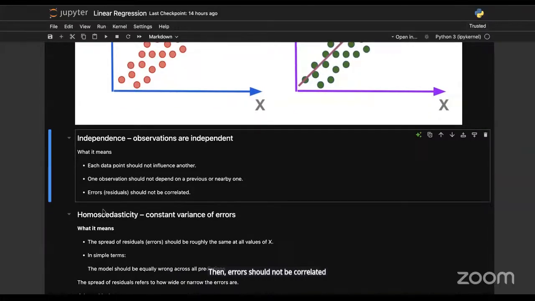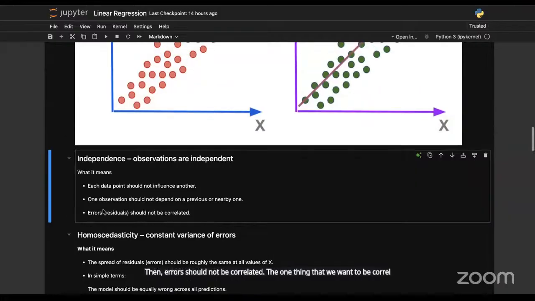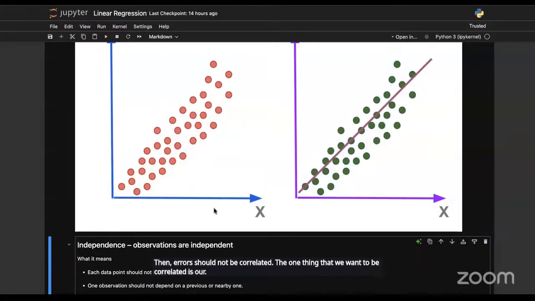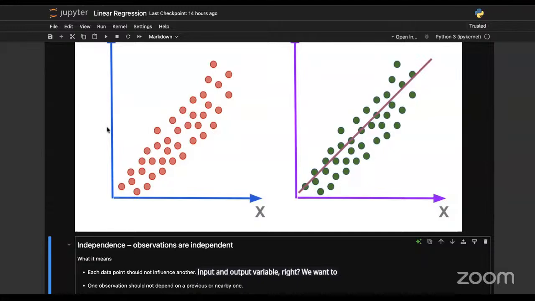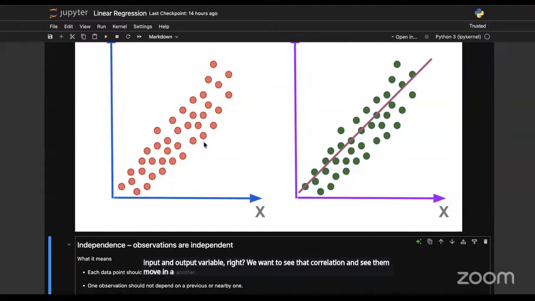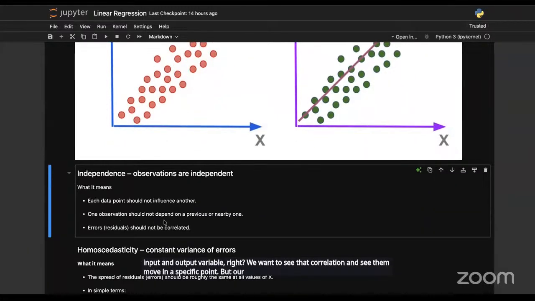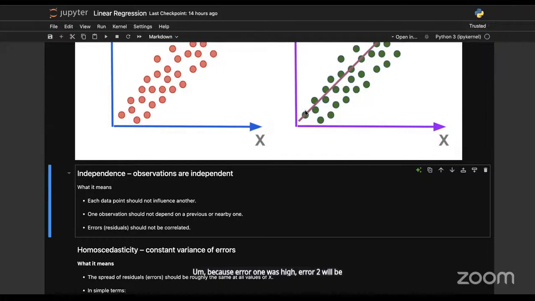The one thing that we want to be correlated is our input and output variable, right? We want to see that correlation and see them move in a specific direction. But our errors should not be correlated. We don't want to see that because error 1 was high, error 2 will be high, error 3, and so forth. All right.